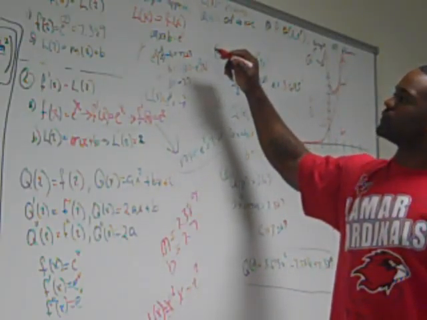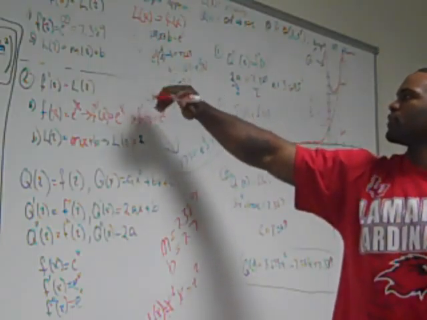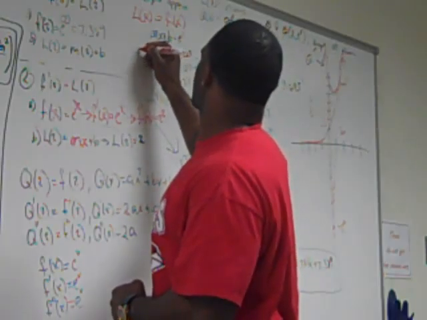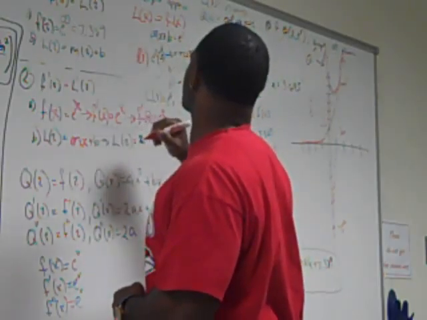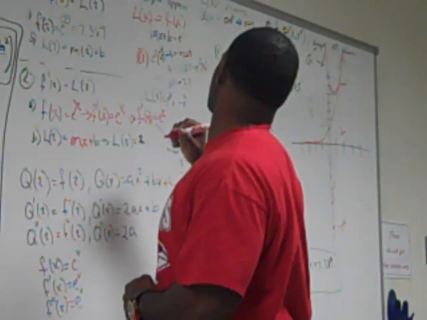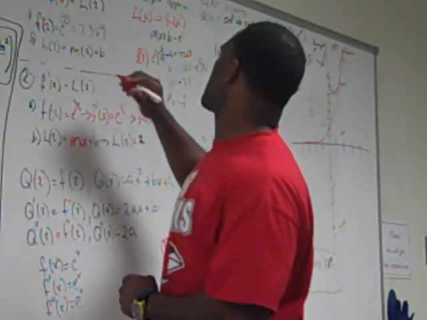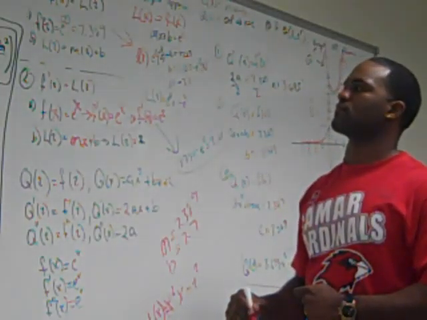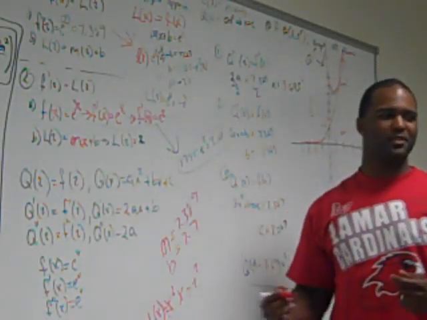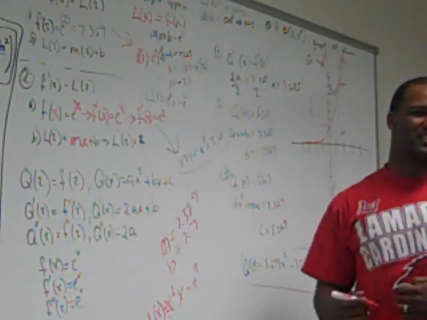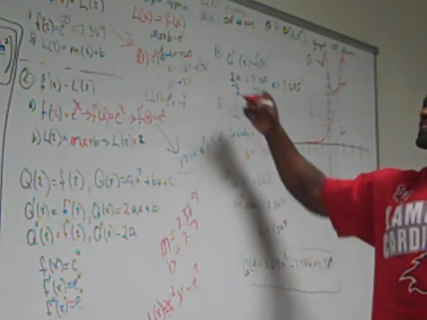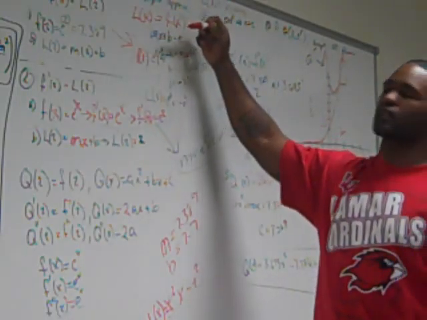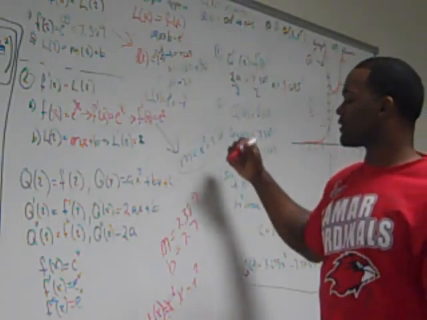Then I plugged in 2. This is f of 2. This part is kind of confusing. It made sense when I was doing it, but it doesn't make so much sense when I'm trying to explain it. Basically, you set the two functions equal to each other. You take the derivatives.